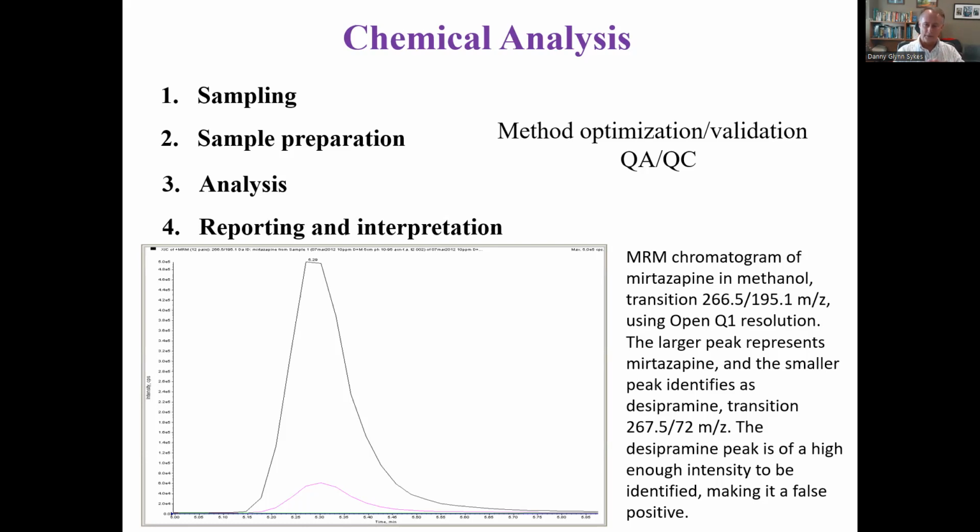But we're trying to develop a method overall for any antidepressants. What we found is when we open up these search parameters a little bit on the LC-MS, we would get these high false positive rates for desipramine when it wasn't actually there, because we were using control samples. So just highlighting the fact that if we're doing more targeted analysis, that false positive peak goes away for desipramine. But if we open up the search parameters, we can actually get it as a false positive.